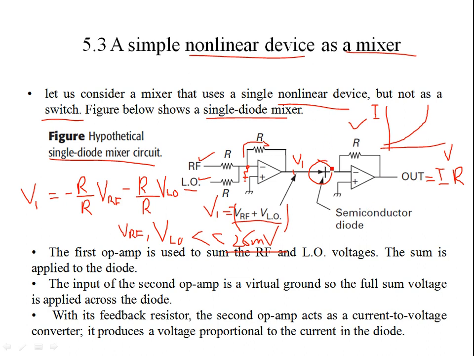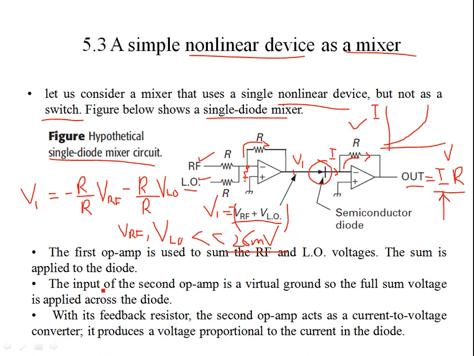The input is the diode current I, and this current flows through R, then the output is IR, which is the nonlinear voltage that we have. And this I shall consist of the nonlinear mixing of RF and LO signals.